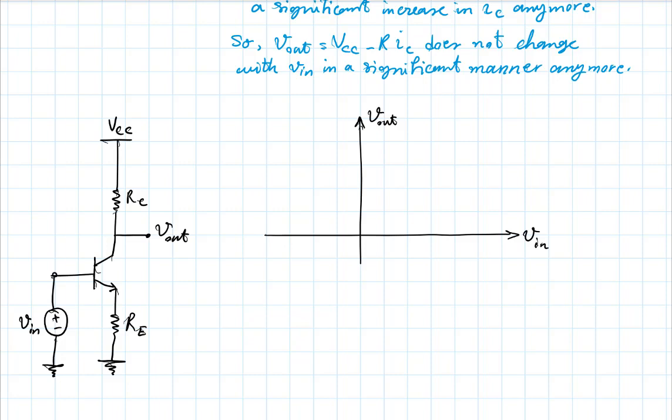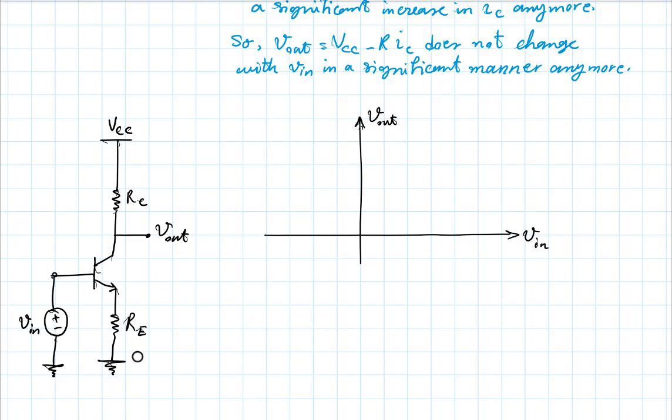The increase in that voltage should then lead to an increase in the collector current, as we've been seeing all along. And an increase in the collector current should contribute to a decrease in the output voltage. Now, up to what point and at what rate is the question.